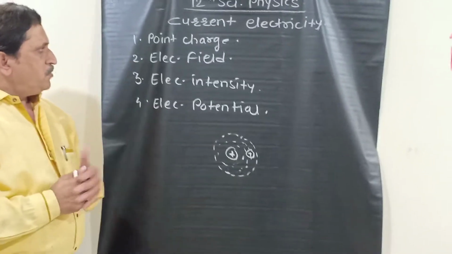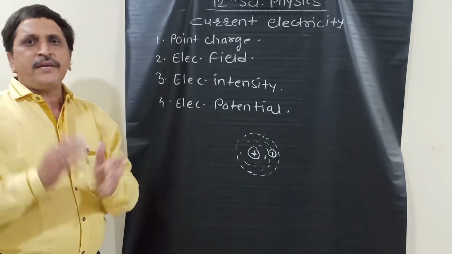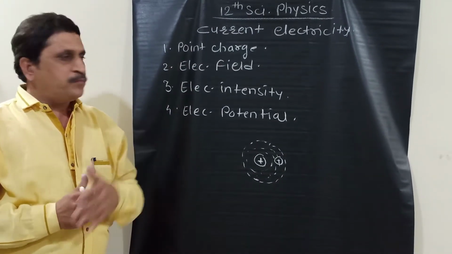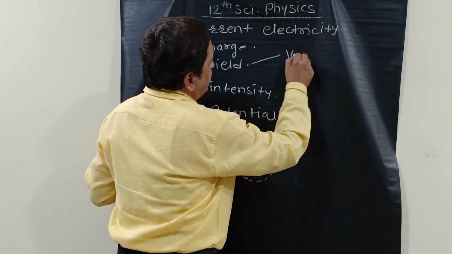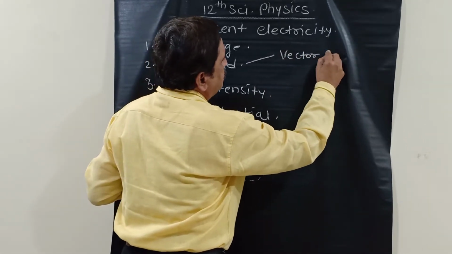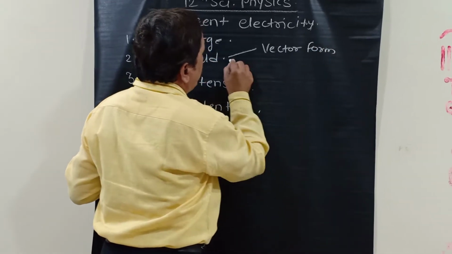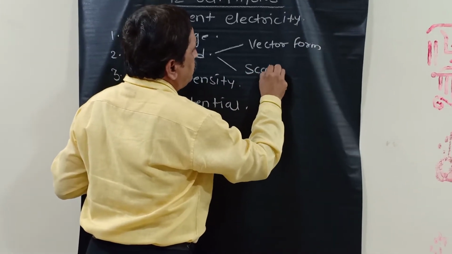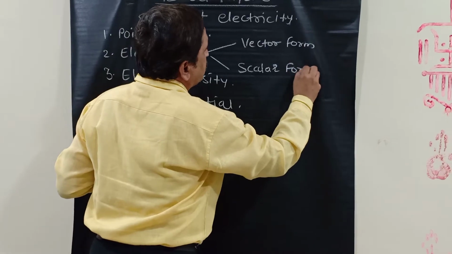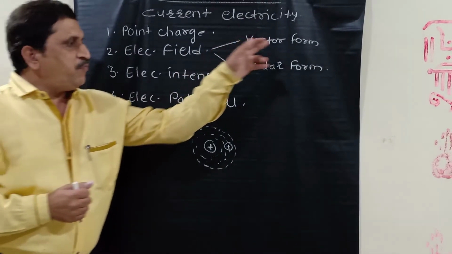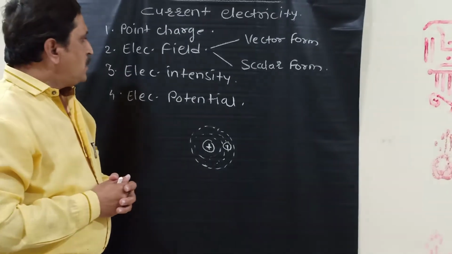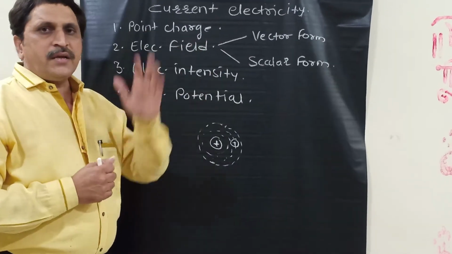Then third one, electric intensity. Now for that we should know that electric field can be expressed in two forms. One is known as vector form and second one is known as scalar form. Now what it means, when we are expressing electric field in vector form, that means we are talking about the electric intensity.